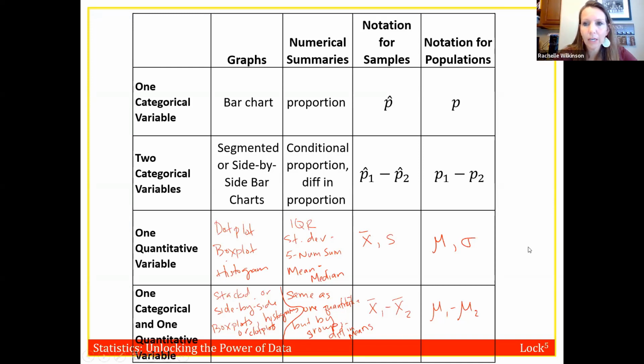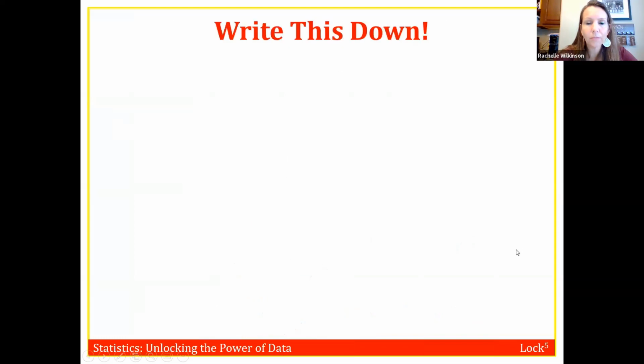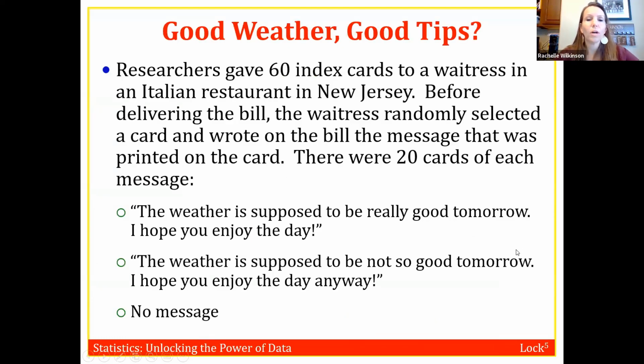Okay, so here's an example. There was a study that they did at a restaurant in New Jersey where they wanted to see if what you wrote on the bill could affect what kind of tip you got. It was an Italian restaurant, and before delivering the bill, the waitress randomly determined what message she was going to put on the bill.